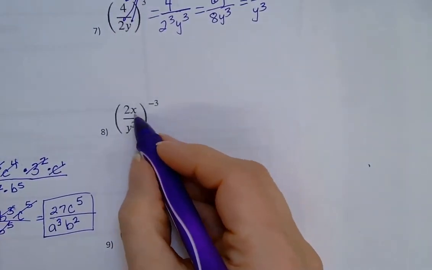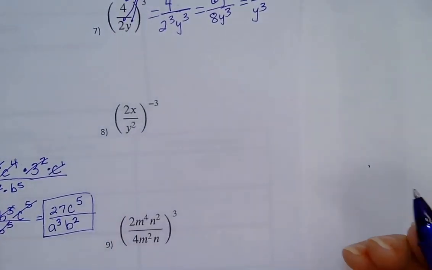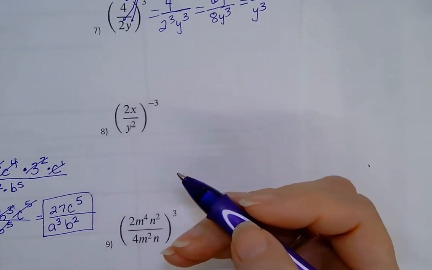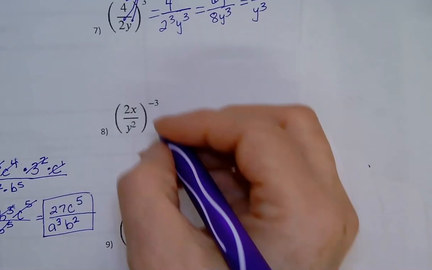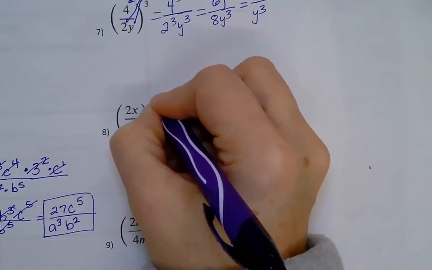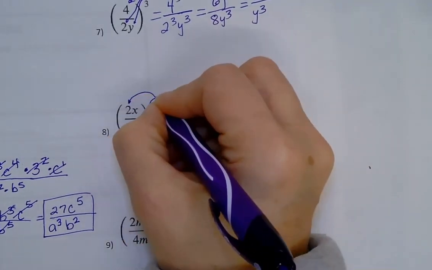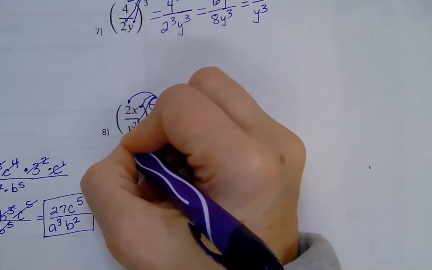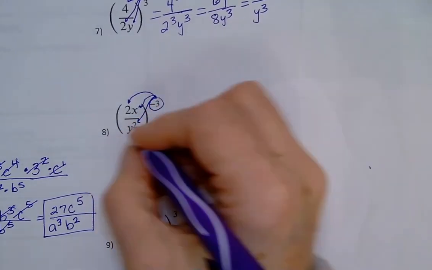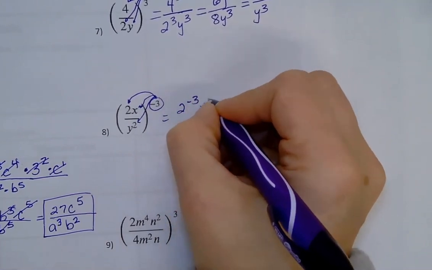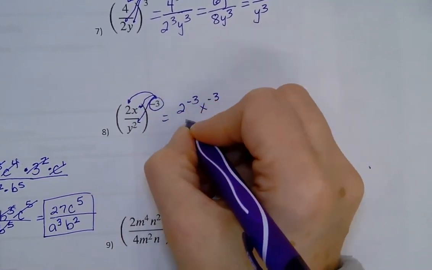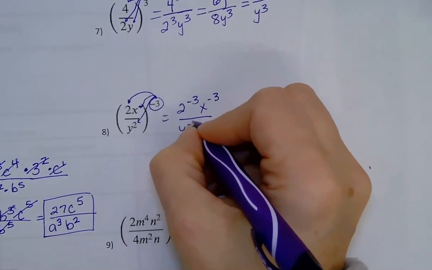All right, again, if I have a negative exponent and I have a fraction inside those parentheses, I can flip it upside down right now and get a positive exponent outside, or I'm just going to distribute that negative 3 to the 2, to the x, to the y squared. So I now have 2 to the negative 3, x to the negative 3, all over y to the negative 6.